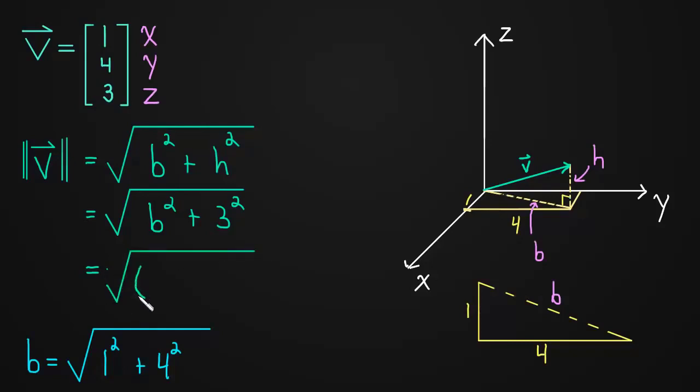So we have b, which is the square root of 1 squared plus 4 squared. And now b is being squared. And then plus 3 squared.